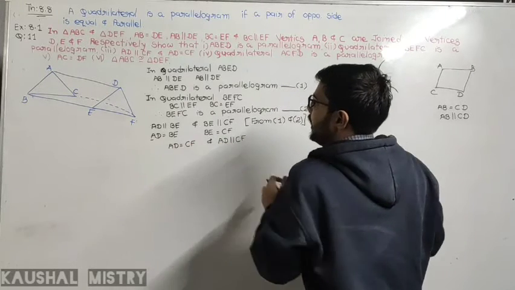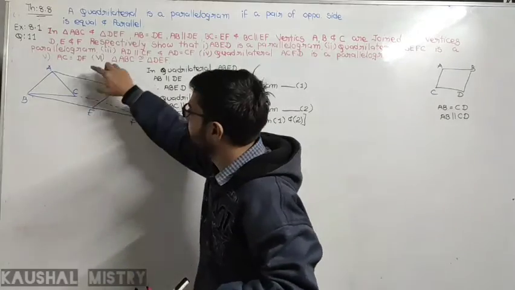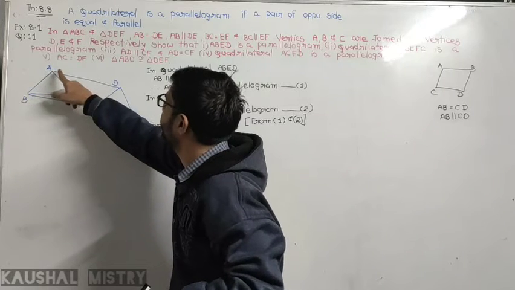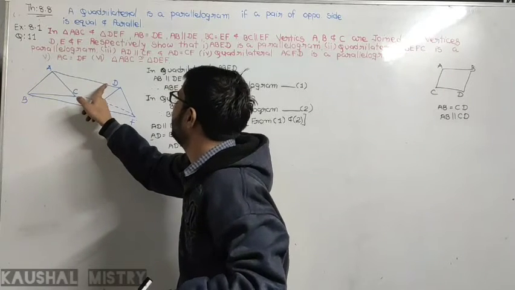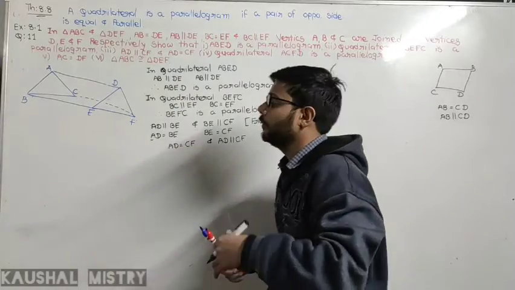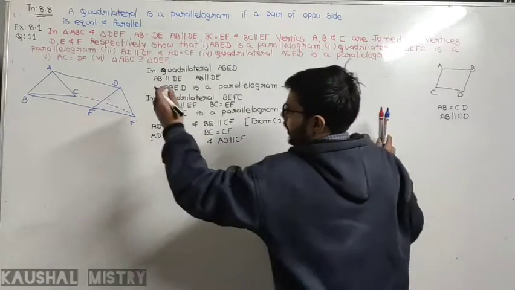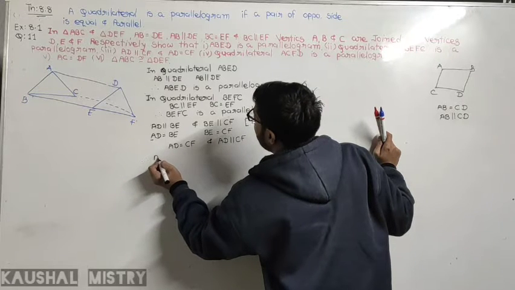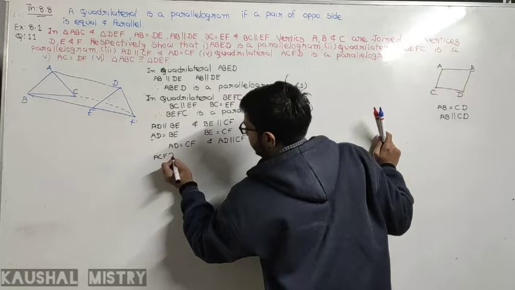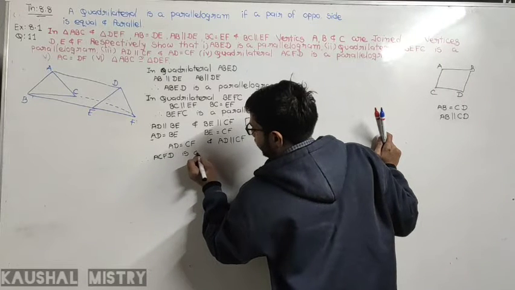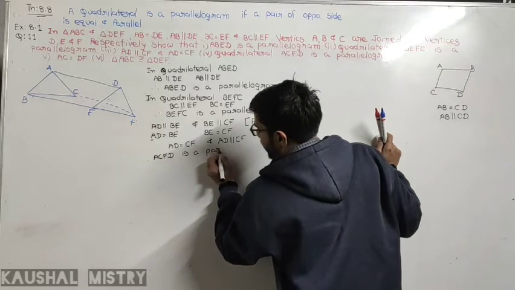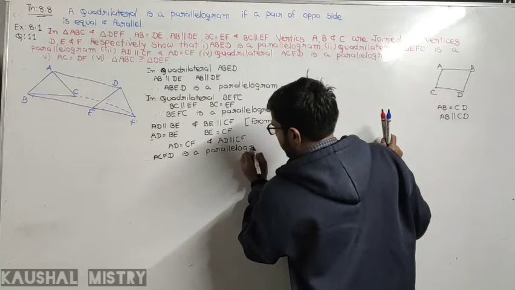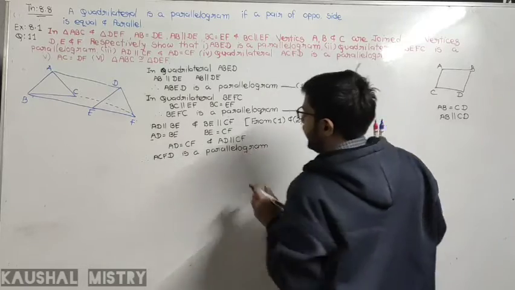And if these two sides are equal, that means AD is equal to CF, and if these two sides are parallel, then we can definitely write quadrilateral ADFC is a parallelogram, right? Or ACFD is a parallelogram. So therefore we can definitely write ACFD is a parallelogram, right?